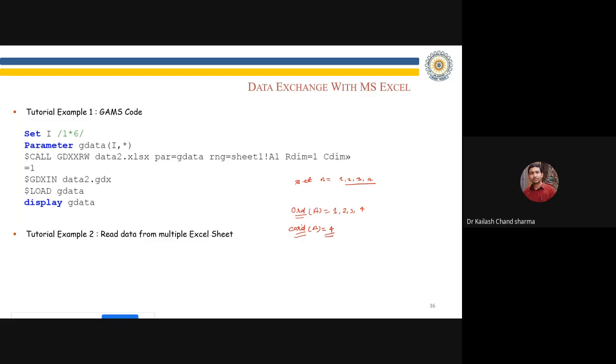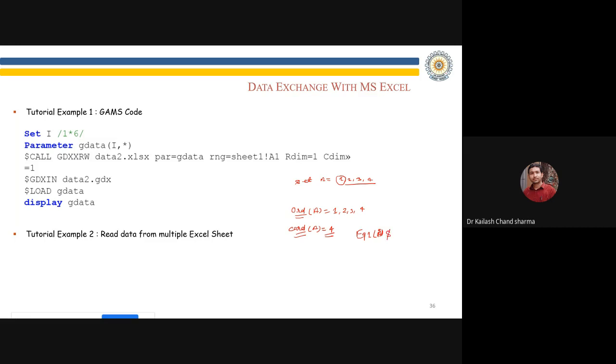Suppose I want to execute a particular equation for only the set element 1. For that, I can write the equation, for example equation 1 of A, and I want to execute this equation 1 only for the set A 1.